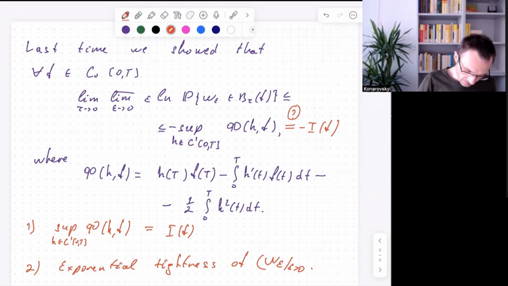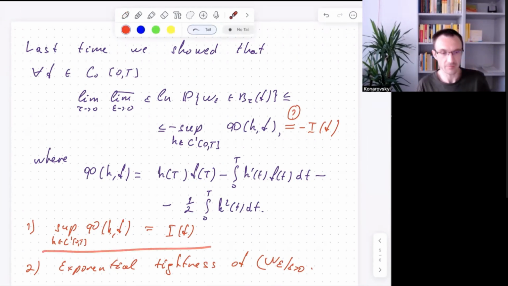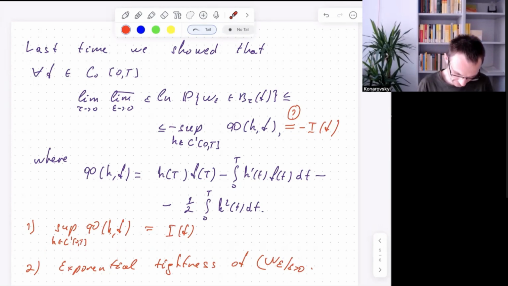Good. Then let's start with the proof of this variational problem, because you need to investigate the function capital phi on its maximum or supremum, and you need to show that the supremum is exactly the rate function I of f.